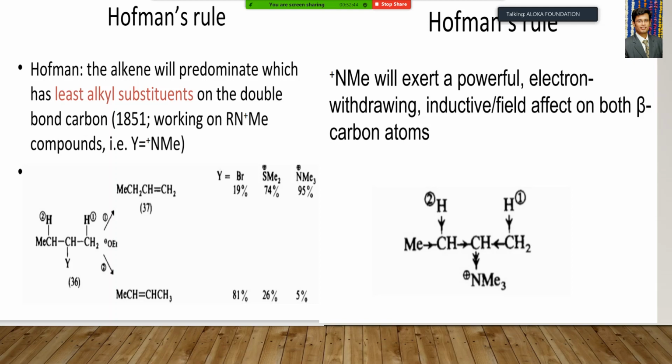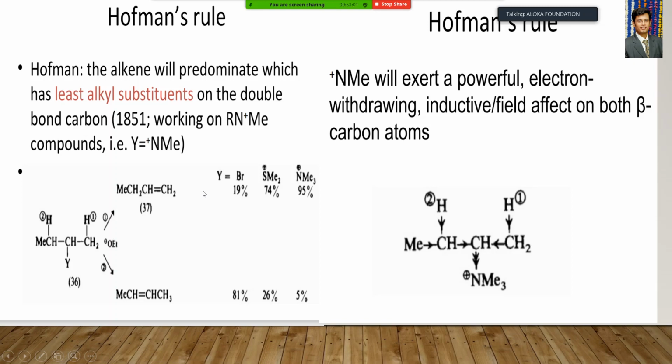So wherever there is a quaternary ammonium group present, the product formed will be the least substituted product. If you see this particular case, the least substituted one will be the major product.